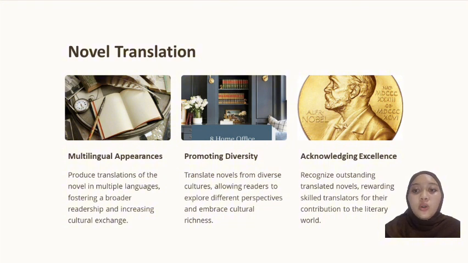Translated novels can also showcase the excellence of the original authors who create novel works of art that transcend linguistic and cultural boundaries. Translated novels can also enrich the literary landscape by introducing new genres, styles, and themes to readers.